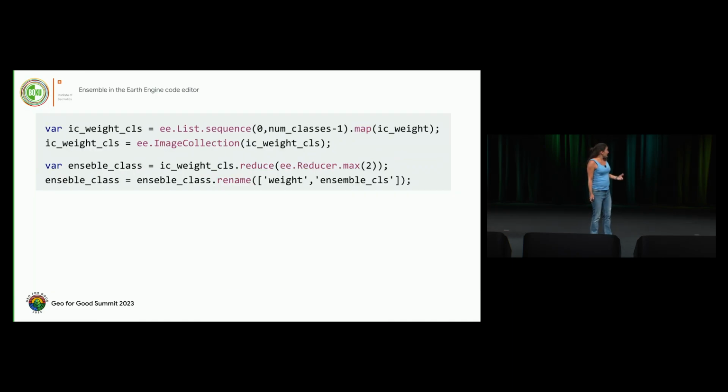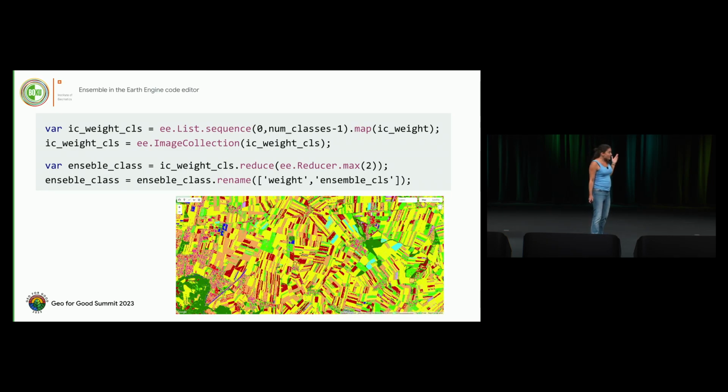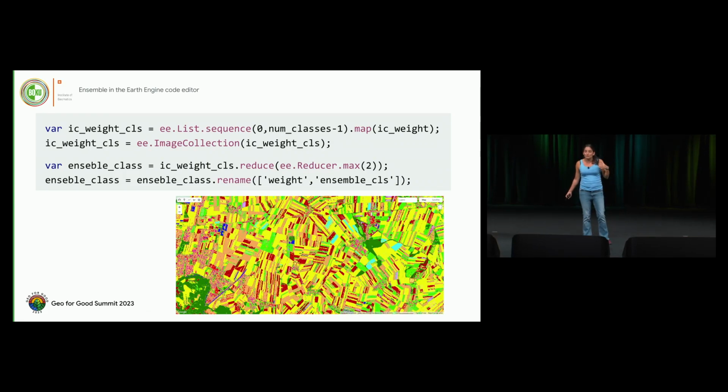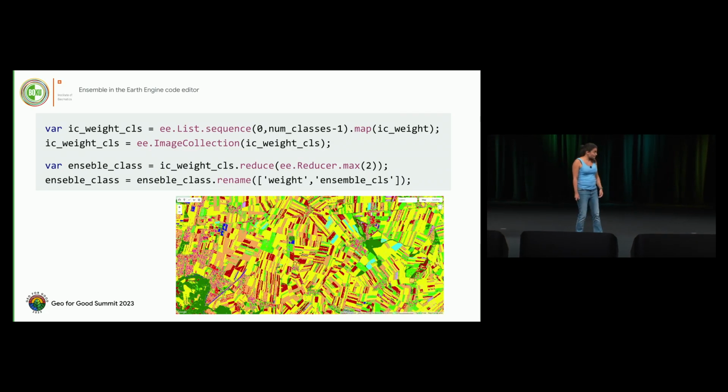Then we can reduce our image collection using the reduce maximum function, and we are going to get our final image, our result. In that case, our final image is going to have 2 bands. One of them is going to be the weights, and the second one is going to be the classes that are the final results of our ensemble.